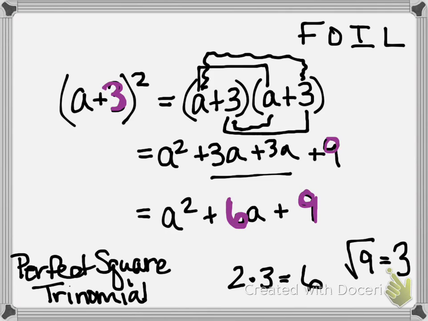So when you're factoring these, you're actually going backwards. So for instance, if we had x squared plus 2x plus 1.